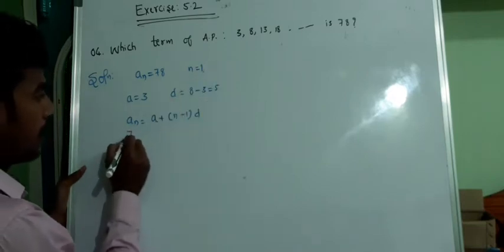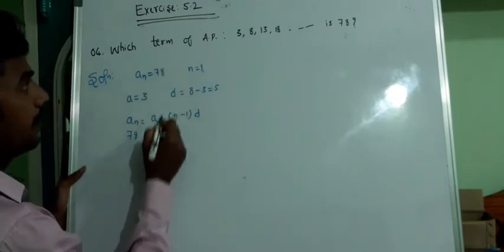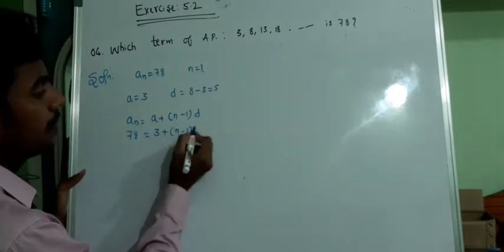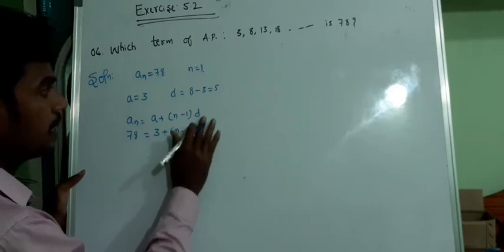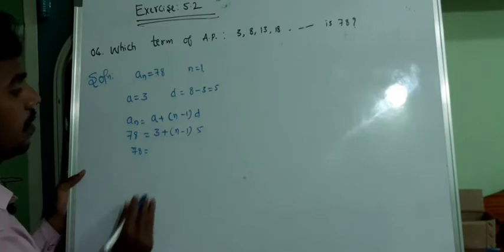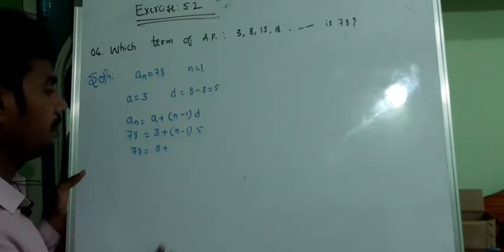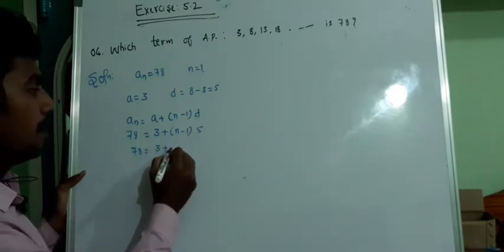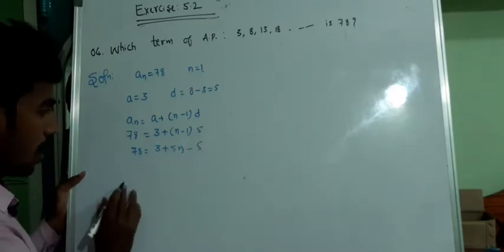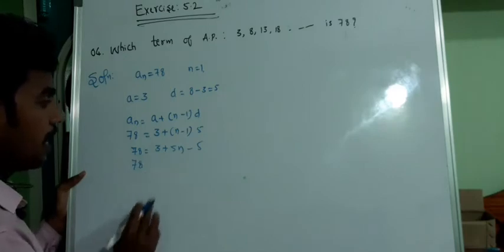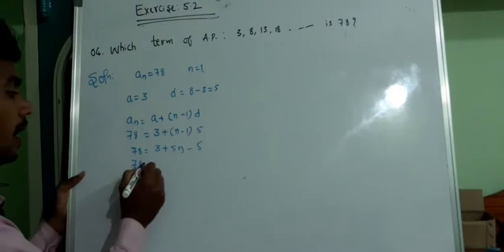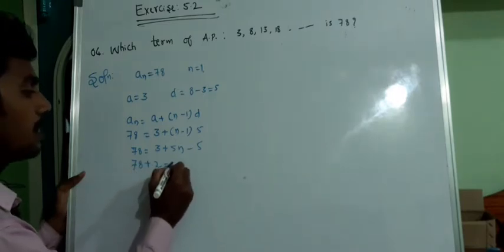AN is 78. What is A? 3 plus N minus 1, N we need to calculate. D is 5. So 78 is equal to 3 plus N minus 1 means 5N minus 5. Or else 78, 3 minus 5 is nothing but minus 2. If I transfer it to the left hand side, it will be plus 2 is equal to 5N.